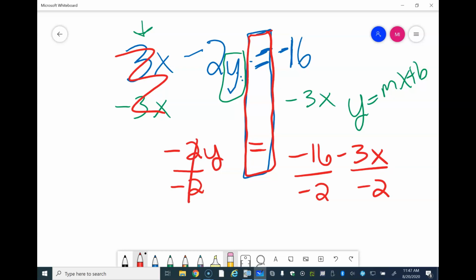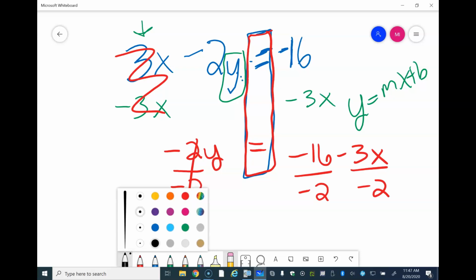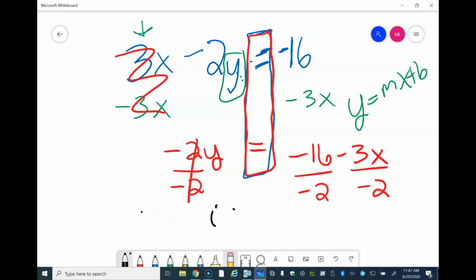So this cancels. Now we're left with y is equal to negative 16 divided by negative 2, which gives us a positive 8. And then a positive, because these two negatives make a positive, 3 over 2x.